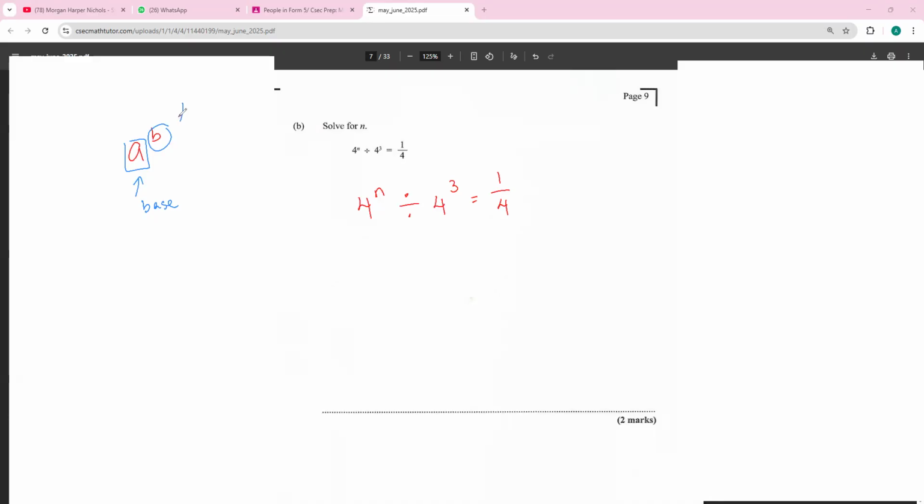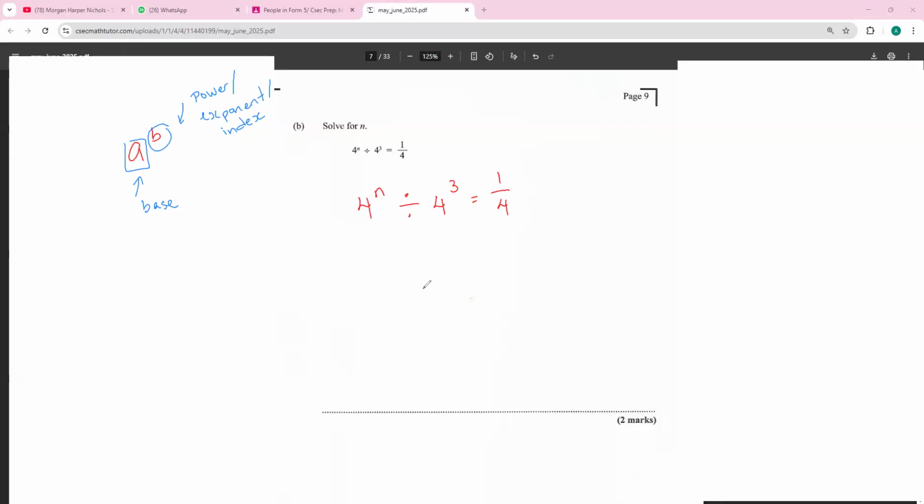This number can be called the power or the exponent or the index. For plural, they call it indices.